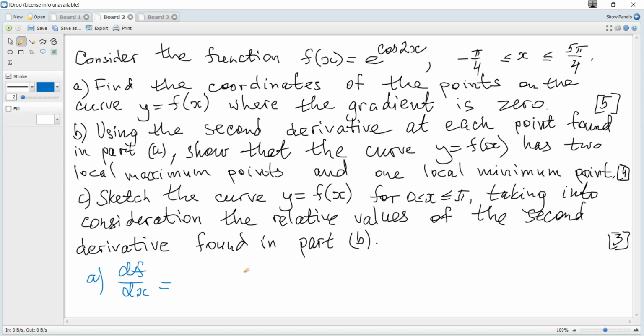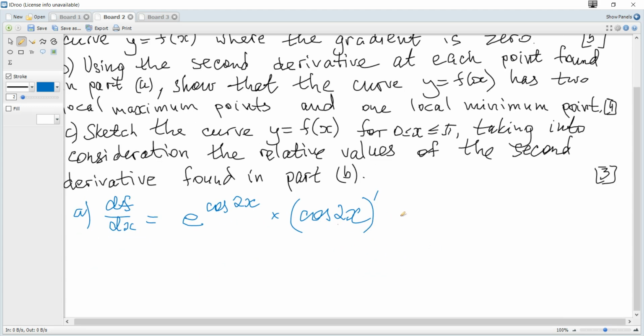And how to apply it? To apply this rule, we use a formula which is given in the booklet for e to the power x, and it says that it's the same. But since it's a more complicated argument, it must be multiplied by this argument's derivative.